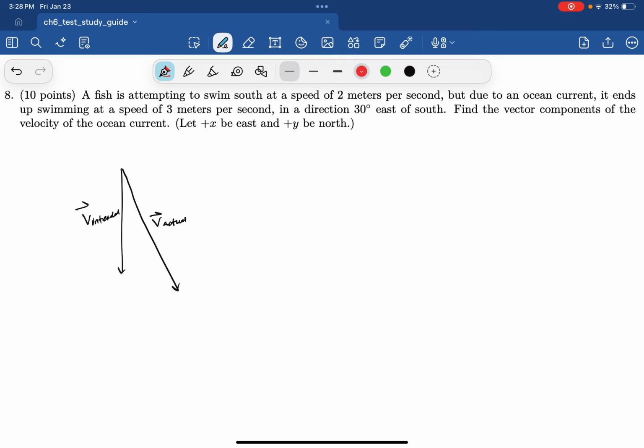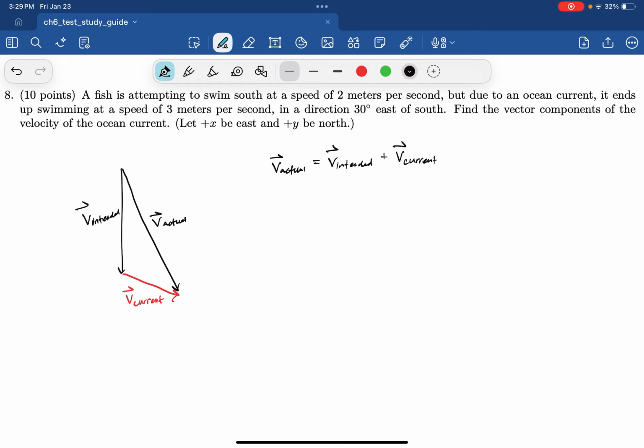Okay, and so the ocean current is going to be pushing towards the actual velocity. So this is the velocity of the current. Okay? You can imagine the fish is trying to go this way, but it's being pushed that way. And so we have the vector sum V actual equals V intended plus V current.